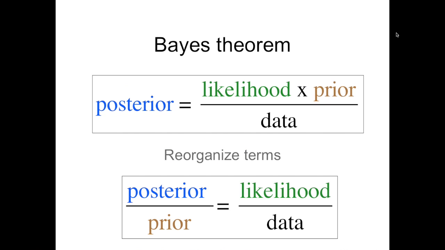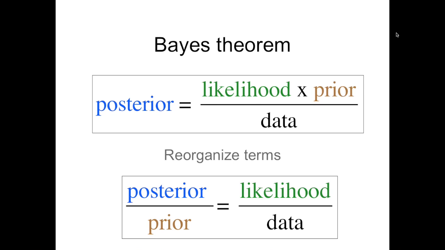So let's remember from Bayes' theorem that the posterior probabilities are much easier for people to work with and understand than likelihoods, that the posterior probability in blue is proportional to the likelihood in green times the prior probability in brown, with a constant called the data constant in the bottom.